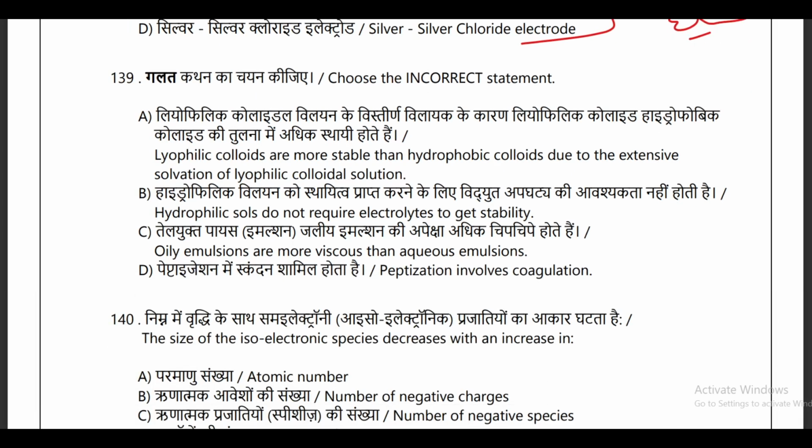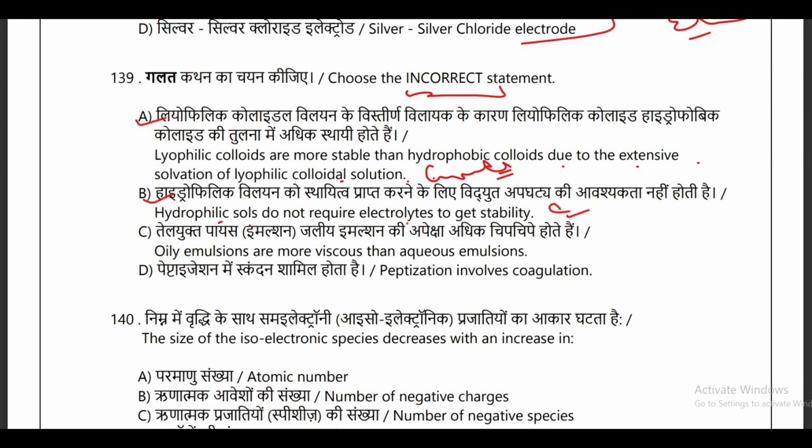In the next question, choose the incorrect statement. So you have to mention the incorrect statement. First is lyophilic colloids are more stable than hydrophobic colloids due to the extensive solvation of lyophilic colloidal solution. So this is a correct option. Second is lyophobic salts don't require electrolytes to get stability. This is also correct.